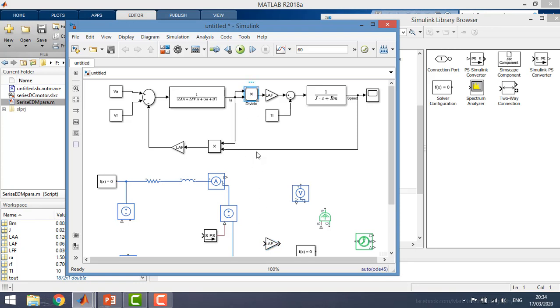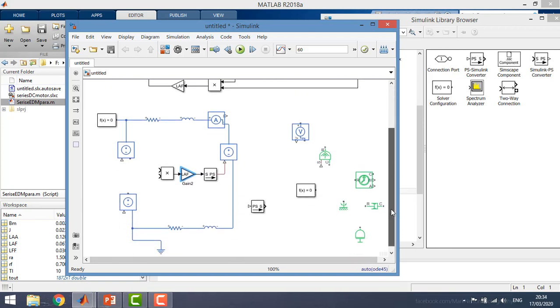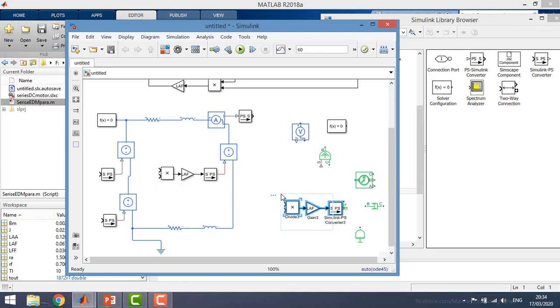Let's borrow those components. So this is the current, the armature, or the field current.